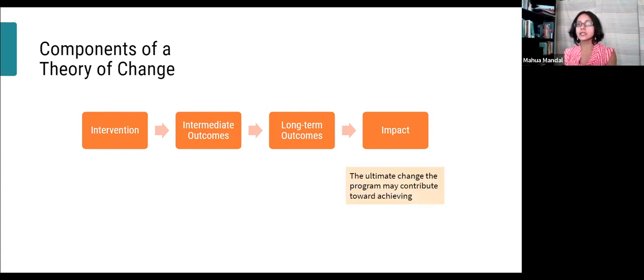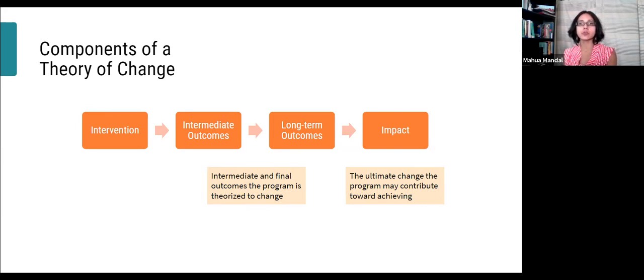Next. So the impact is the ultimate change that the program may contribute towards achieving. This is sometimes also called the goal. For example, decreasing maternal mortality is an impact or a goal. Next. In the middle, we have the intermediate and long-term outcomes, and these are the intermediate and final outcomes that a program is theorized to change, meaning a program may not actually see the impact in decreasing maternal mortality, but it may see things like increased delivery at facilities.